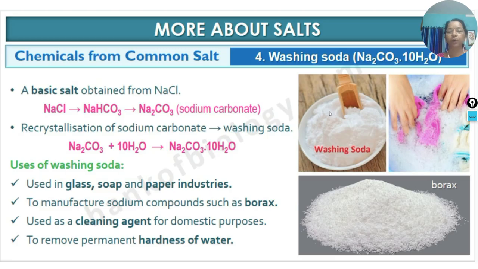Now the next compound we are going to prepare from common salt is washing soda, the formula is Na2CO3.10H2O. We'll study why this 10H2O is given. Anyway, how to make it, I'll tell you. From NaCl we can prepare baking soda.